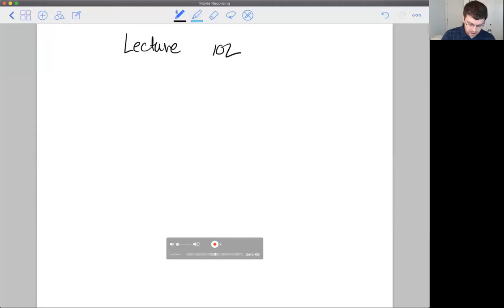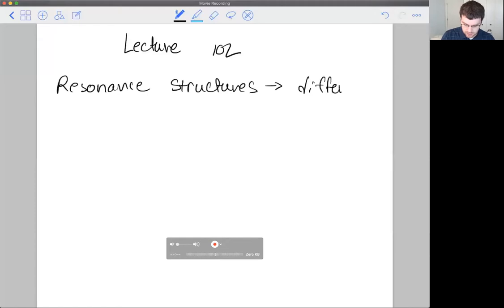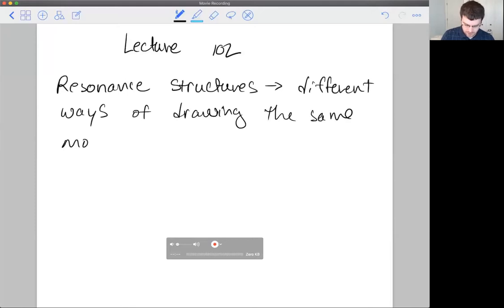So getting into it, resonance structures are just different ways of drawing the same molecule. So how do these different drawings differ if the molecule is the same?